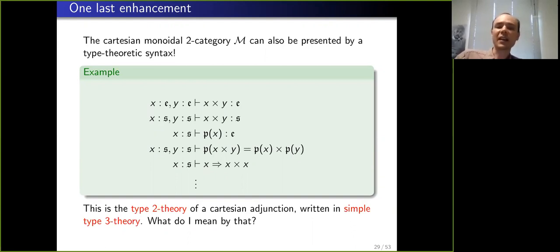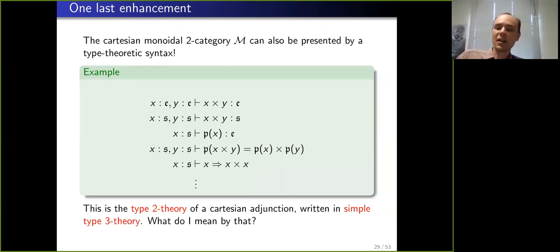So given X and Y in E, we get an X cross Y living in E. Given X and Y in S, we get an X cross Y living in S. Given X in S, we get P of X living in E. This is the P operation. P preserves these Cartesian products. We have an equation between P of X cross Y and P of X cross P of Y.